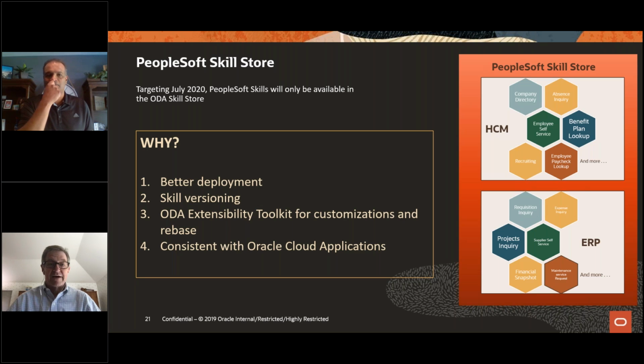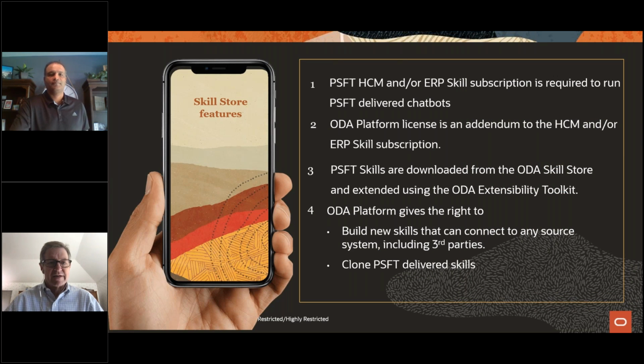By putting them in the skills store, instead of delivering them as files and having the customers deploy these files and manage the changes by hand, you can now use this extensibility toolkit to change the entities, the intents, the utterances, and so forth, and skills. The life cycle is just completely different. It's completely better. So it's a much better environment for us to be working with. Why don't you go to the next slide, and I'll talk about what that entails.